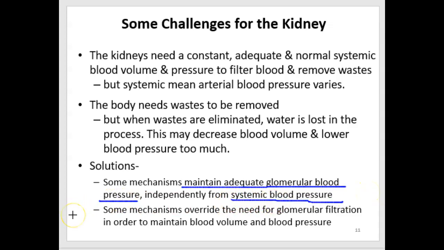And there are also some mechanisms that override the need for glomerular filtration in order to keep blood volume and blood pressure at a stable level. So you don't have to just use the kidney to regulate how much water is reabsorbed to maintain blood volume and blood pressure. But nonetheless, we're going to look at how the kidney does function to do a lot of that.